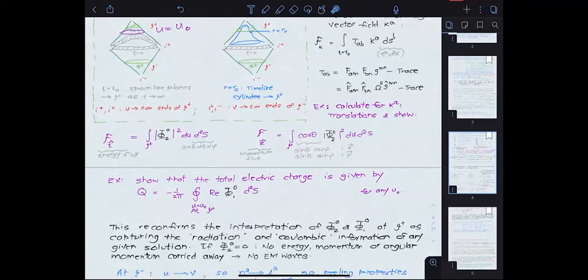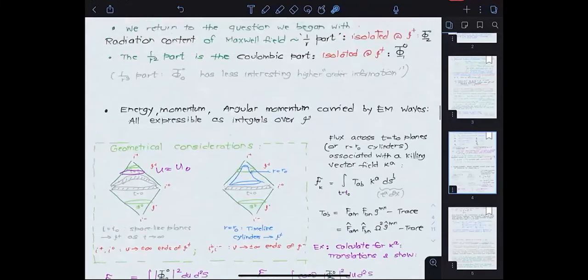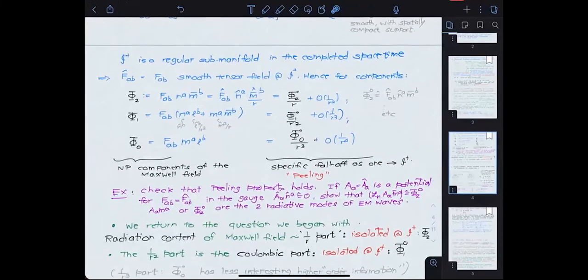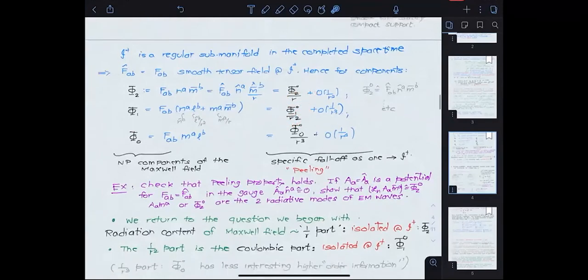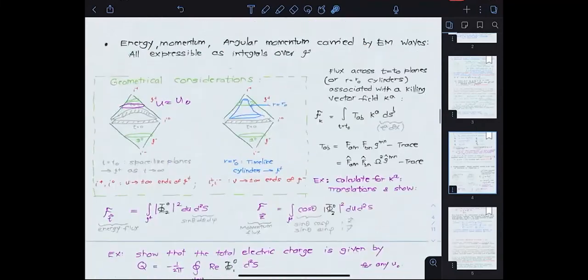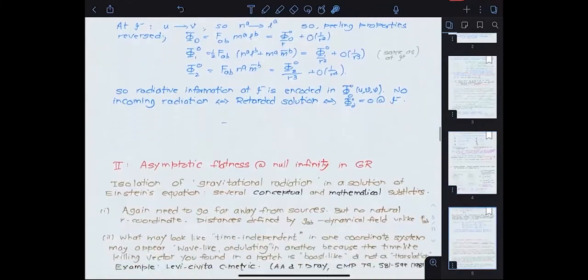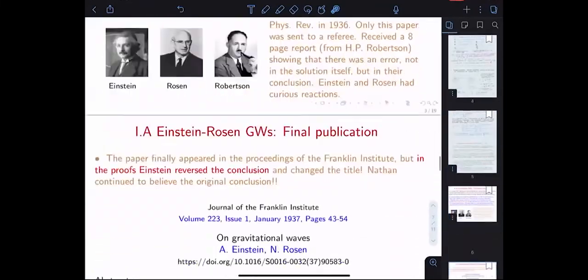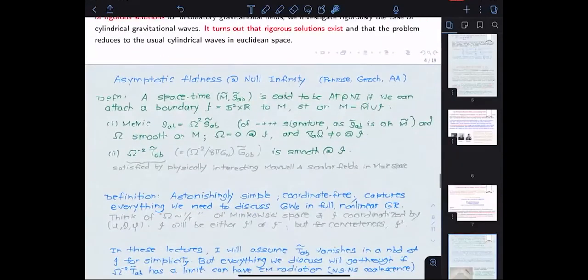This was to motivate what we mean by the 1 upon r part, 1 upon r squared part, etc. But really, we don't need to introduce these coordinates. In fact, that is one of the key things we're going to see next time: the definition of asymptotic flatness in general does not use r at all, does not use any coordinates at all. It is completely coordinate independent.